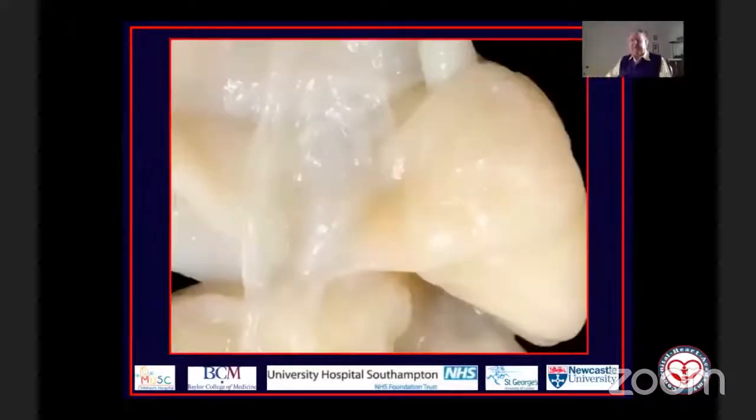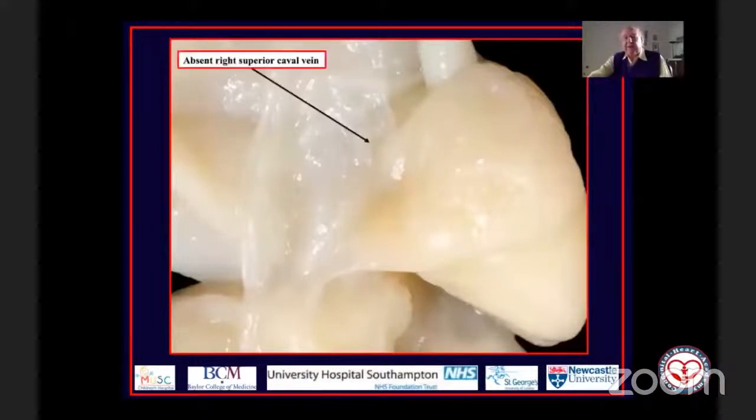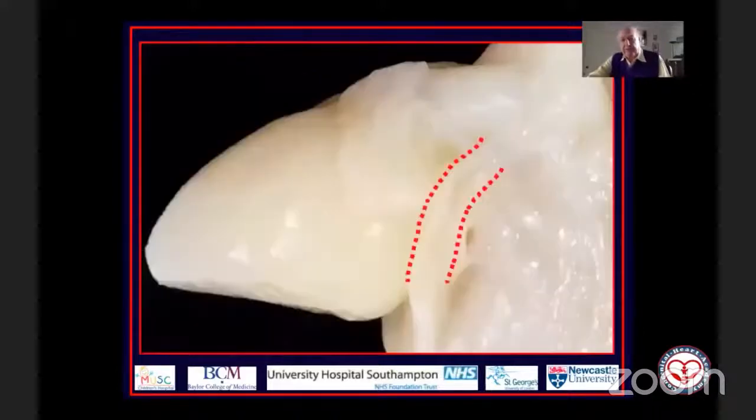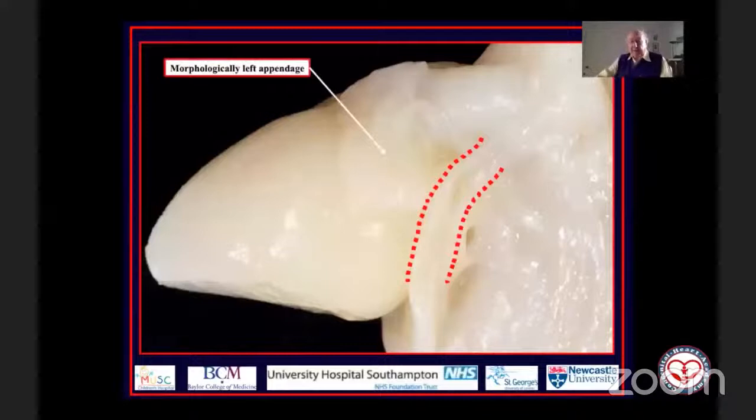Let me close up on this fetal example of Diane's to show you that when we look at the right side, we see that there is no right-sided superior caval vein. You can recognize, however, that this fetus had an obvious morphologically right appendage, so there was usual atrial arrangement. So when we look at it from the left side, you can see the morphologically left appendage, confirming that we do indeed have usual atrial arrangement.